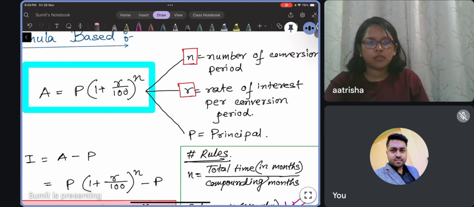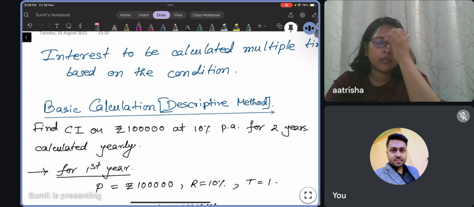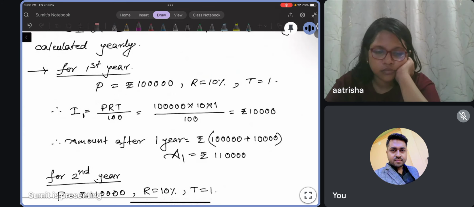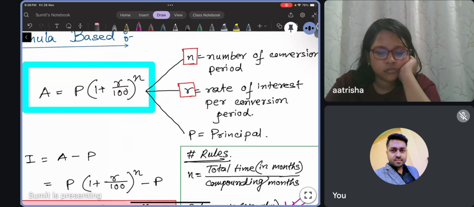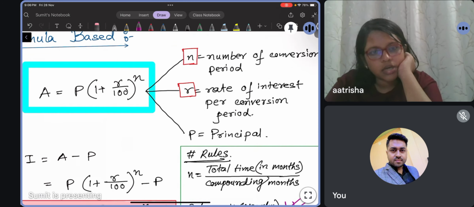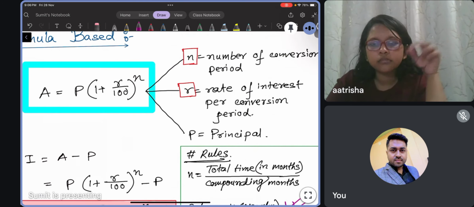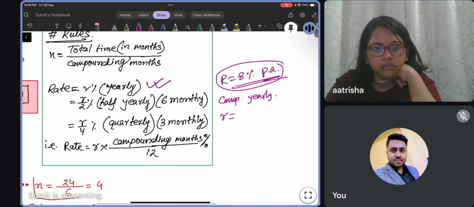Do not get mixed up with the formula for the previous one. The sums we did previously, the basic calculation or descriptive method, that is different, and right now we are doing a different thing. Previously we used the formula for SI to get CI, there the rule is different, and it has no similarity with this rule. So what I have said, compounded yearly, R will be taken 8%.